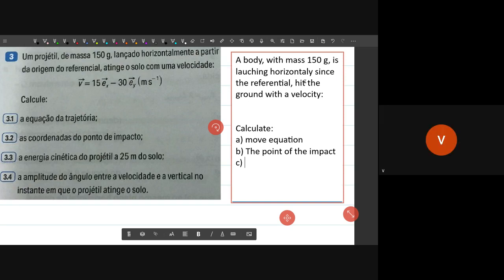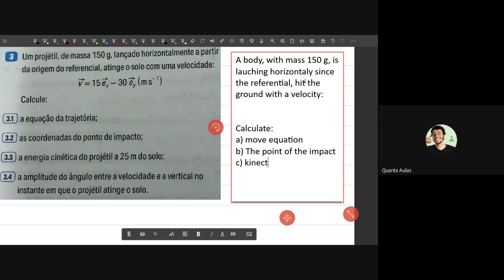I do not remember. Do you know? Like kinetic energy, potential energy. Don't you remember your teacher speaking about it? I don't remember. Okay, but we need to do this now. I will teach you.